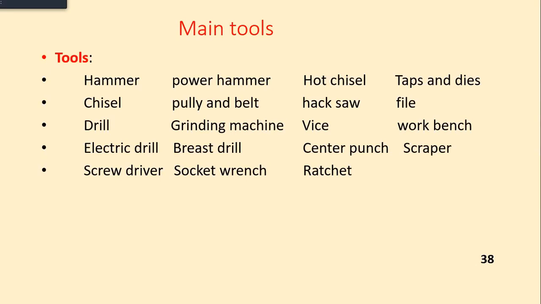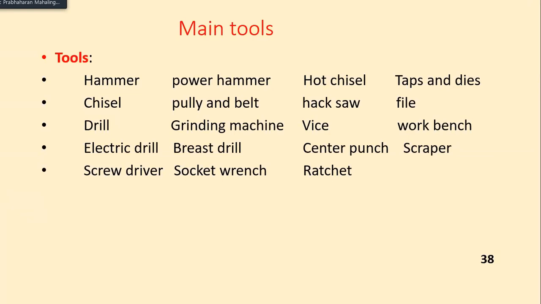For example, making a nut and bolt. Nut has thread internally and bolt has thread externally. So both can be fitted. That is the taps and dies. There are two types of devices that can be utilized to make internal and external threads. This machine is available in our laboratory, you can see.